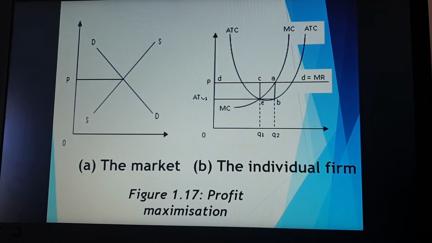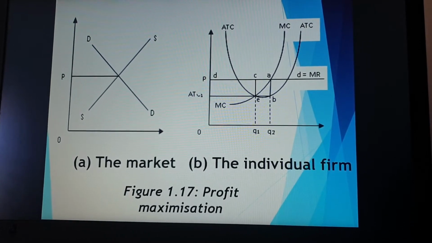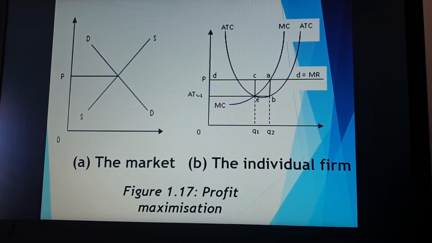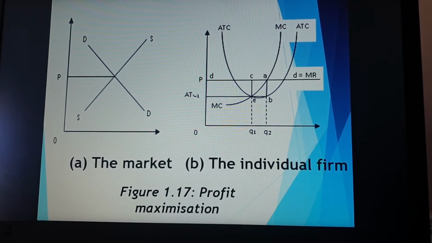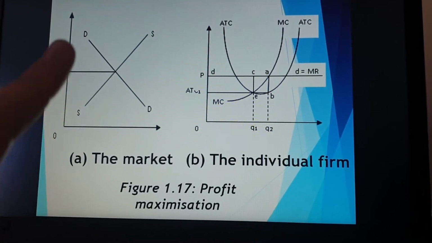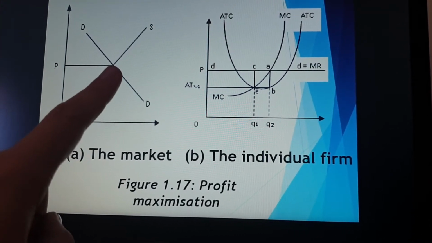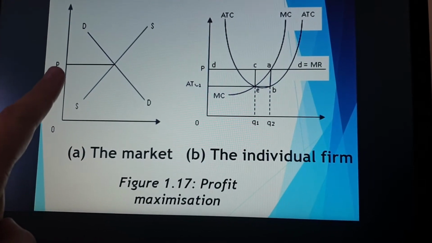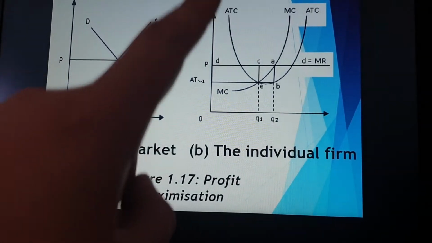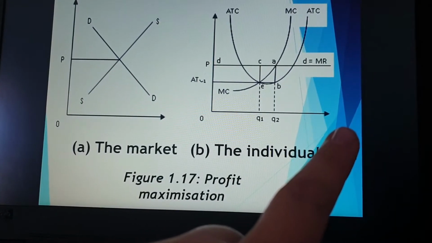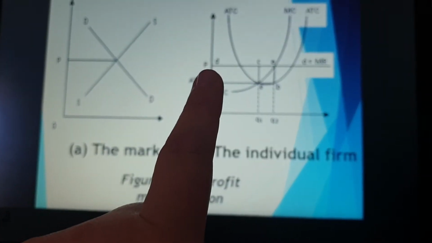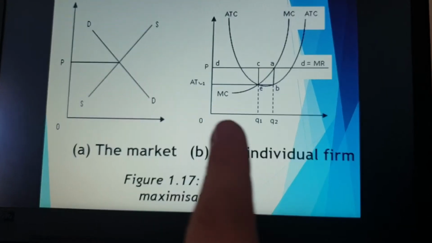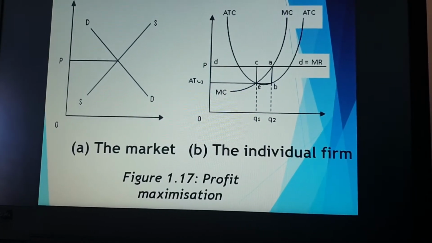If you look at your two graphs now, the market graph still looks basically the same. It's your demand and supply curve. Wherever they meet, we have equilibrium, the equilibrium point, and that is known as my market price. And remember, when you draw your graph for the individual firm, we extend that line into our individual firm to make it a horizontal line.